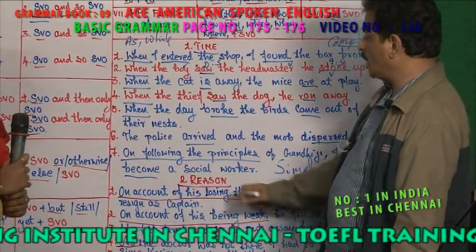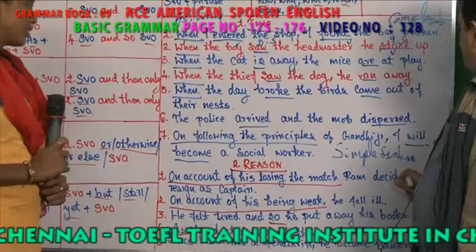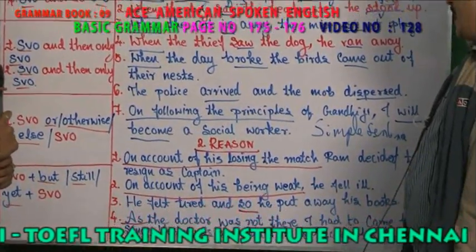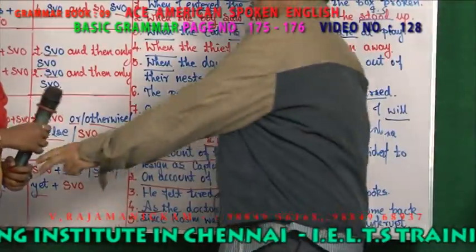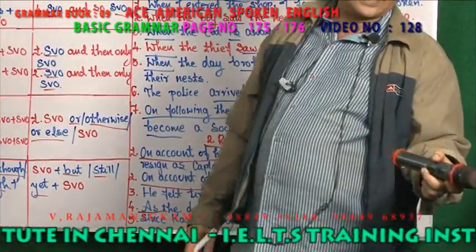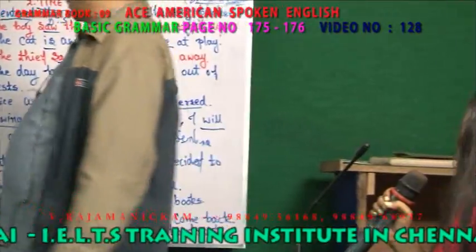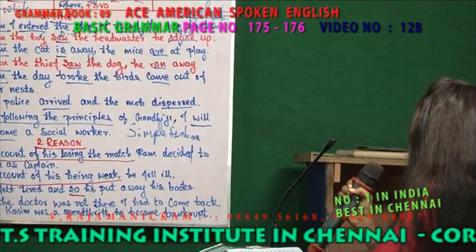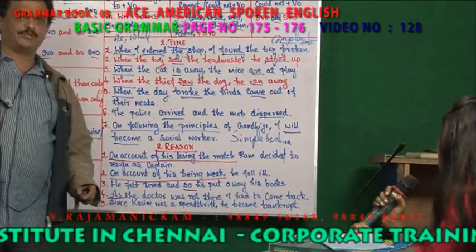Reason now. On account of his losing the match, Ram decided to resign as captain. So what sentence is it? Could you tell me, madam, what sentence is it? On account of his losing the match, Ram decided to resign as captain.